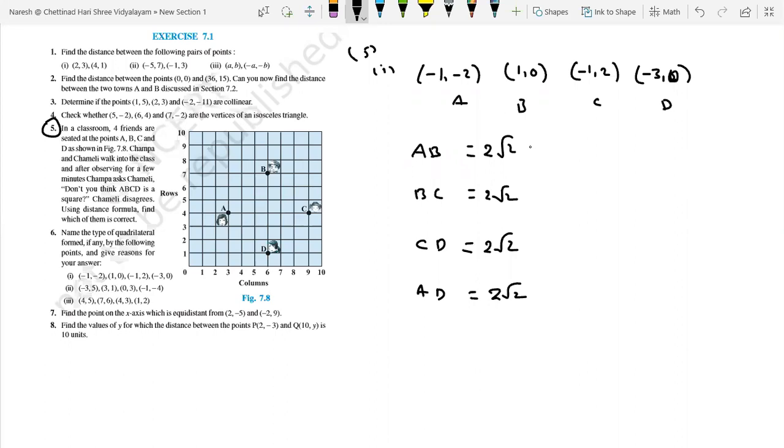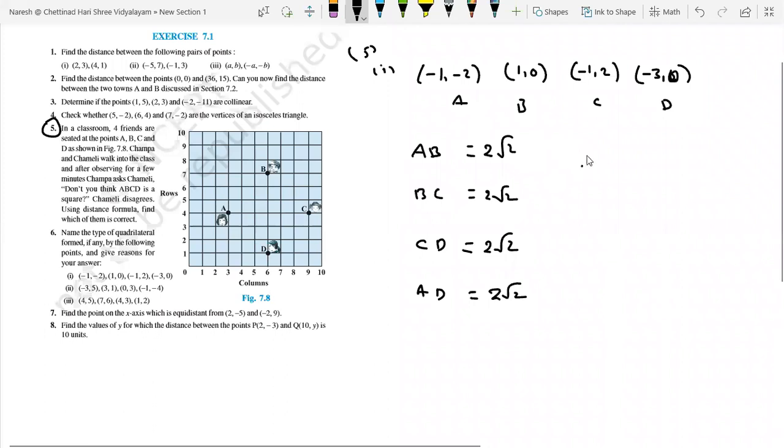Yeah, but this data will show what are the possible quadrilaterals. It may be a square or a rhombus.